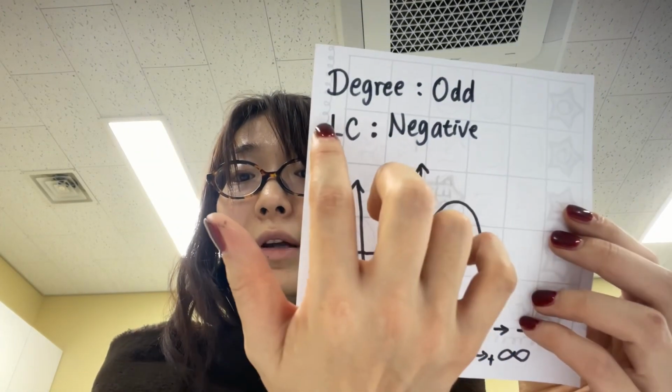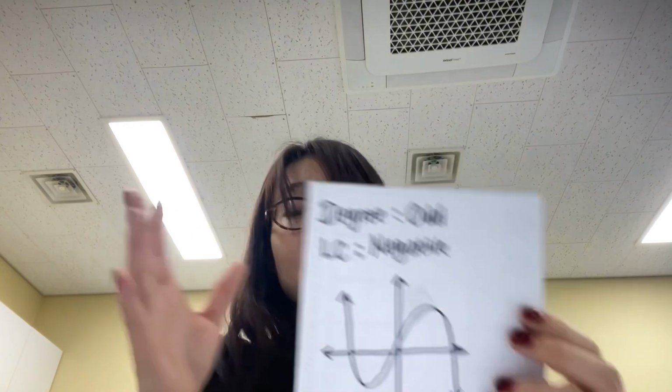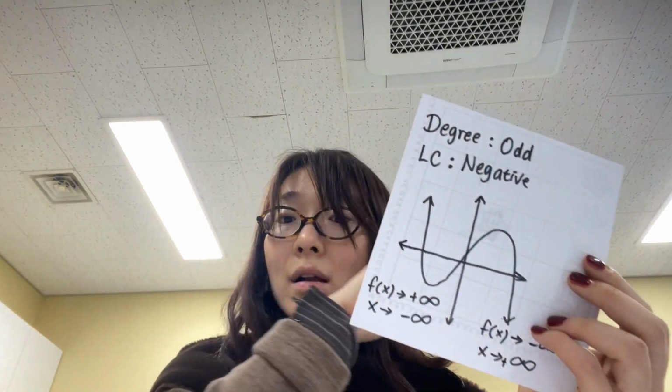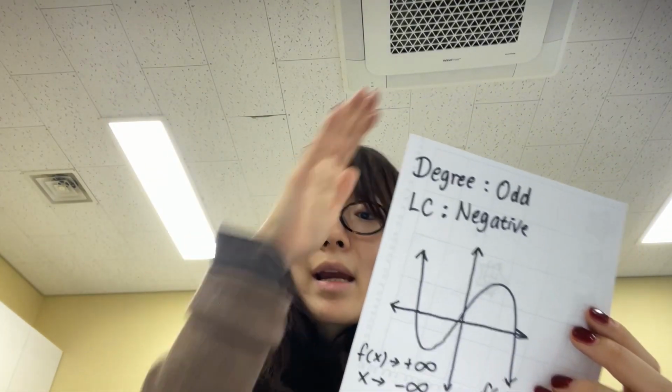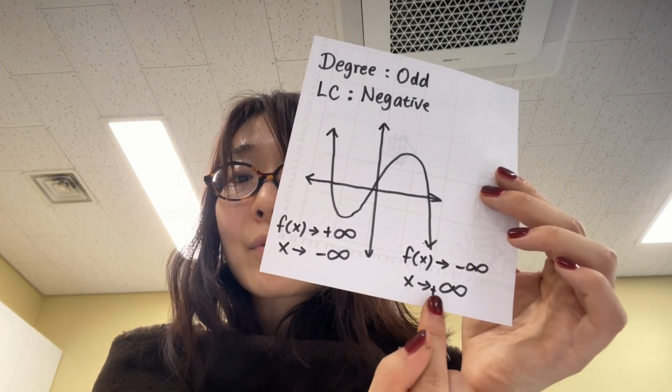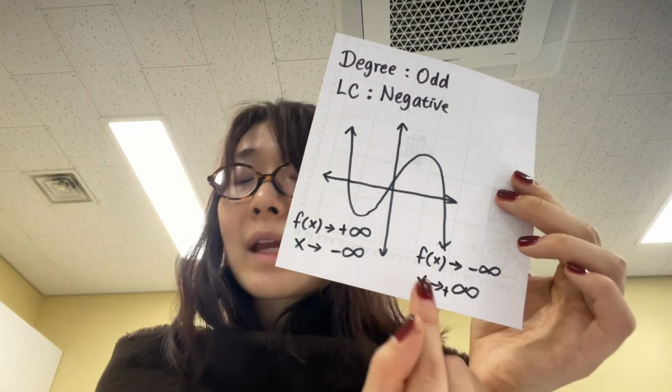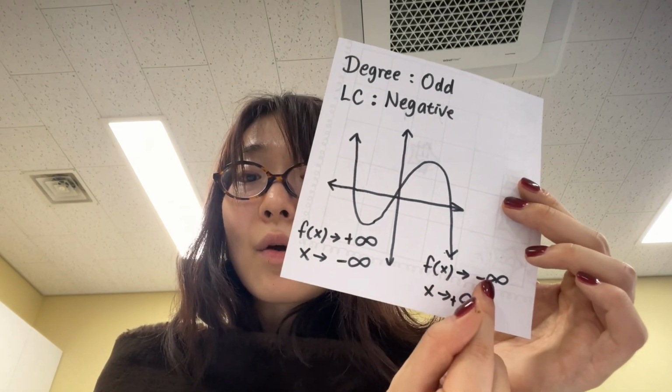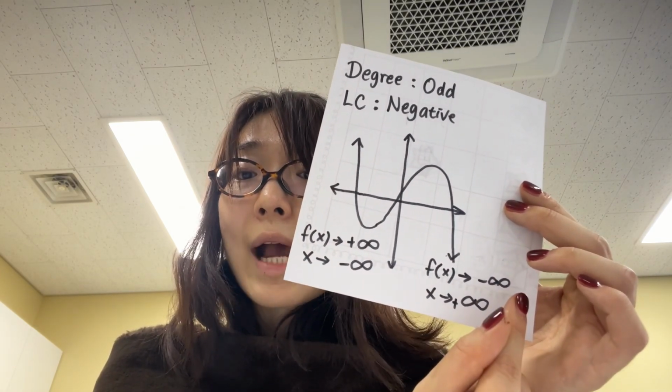But let's say, even if it's an odd degree function, what if our leading coefficient is negative? Then it's flipped. So instead of going up, increasing, it goes down. So as our x value approaches positive infinity, instead of going up, the function value goes down.